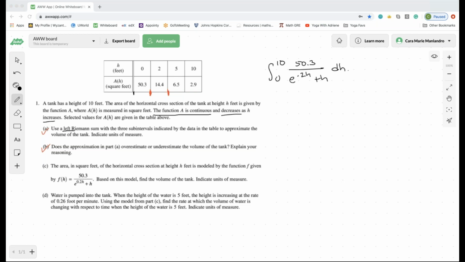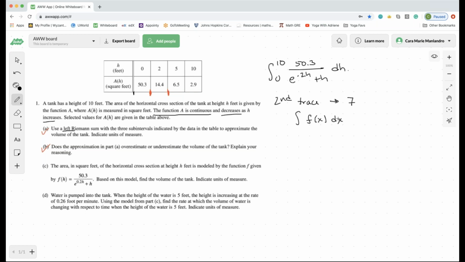Alright, so in order to calculate the integral, you hit second and then trace, which has the word calc, and then you go down to 7, which has the symbol that looks like this, the integral sign.